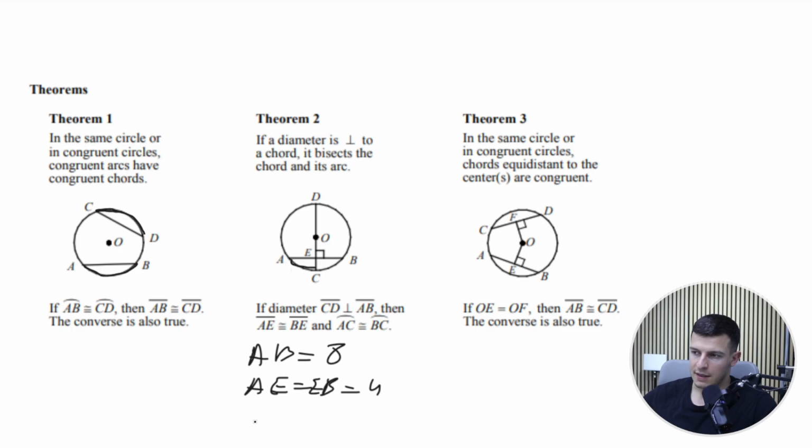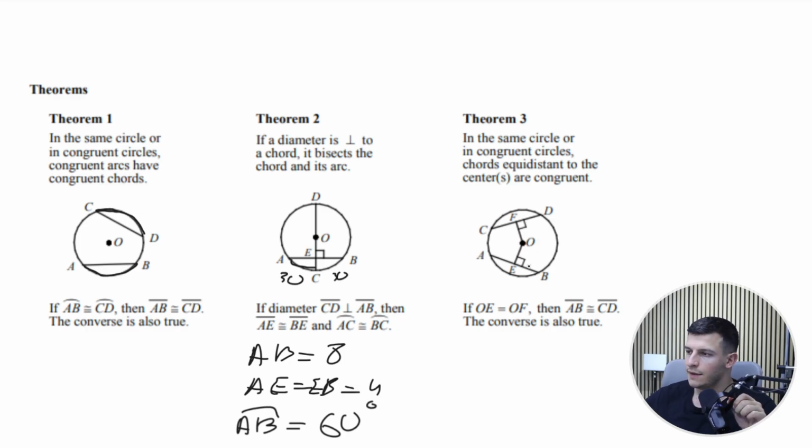If the AB arc is, I don't know, 60 degrees, then AC is going to be 30, this is going to be 30. And the last one, in the same circle or congruent circles, chords equidistant from the center are congruent. So if OF is equal to OE, equal distance, then the chords are the same. Okay?